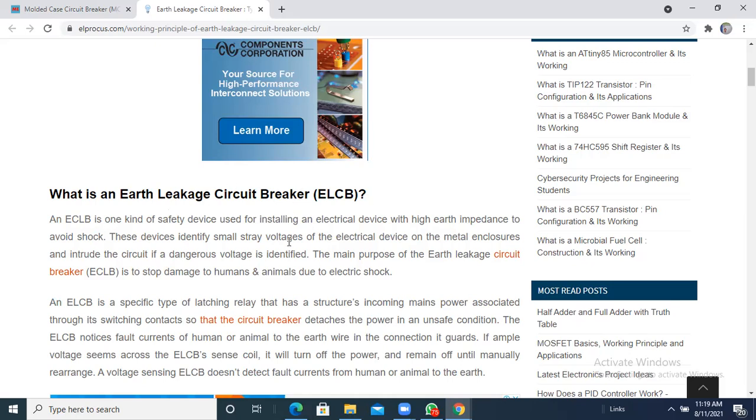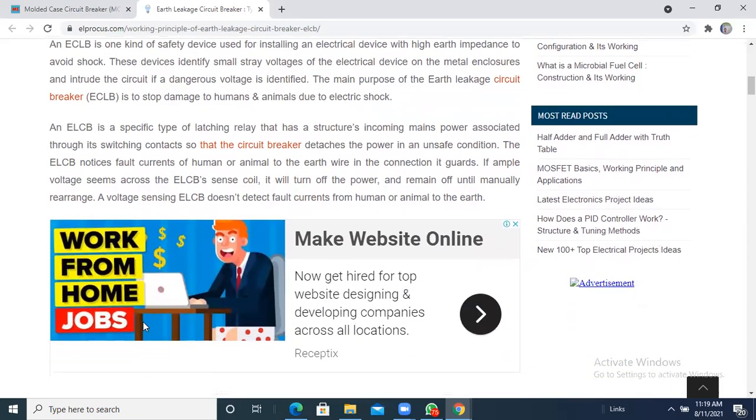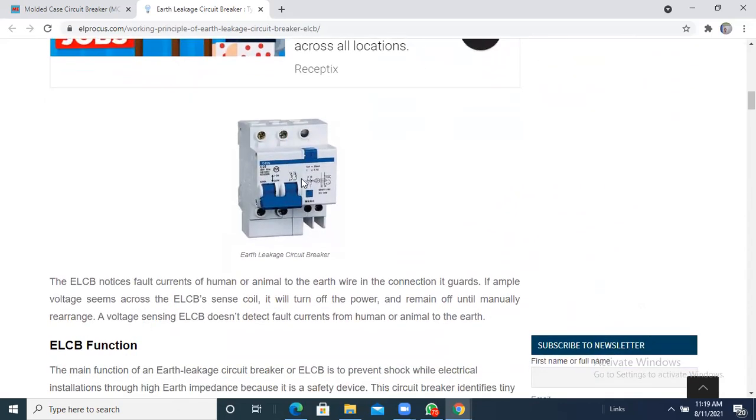Earth leakage circuit breaker. Leakage means leakage current will flow. This is an ELCB. ELCB will look like this.